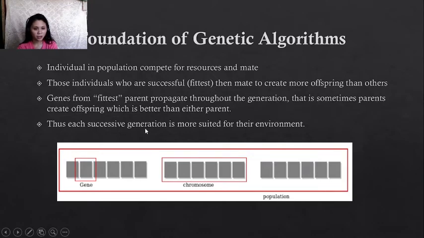Thus, each successive generation is more suited for their environment.